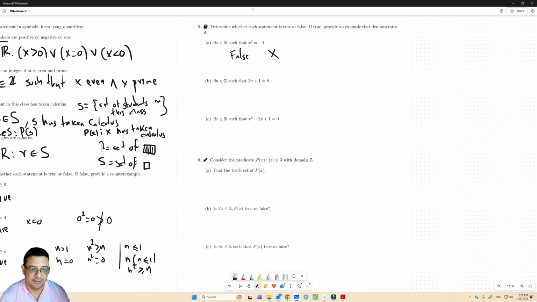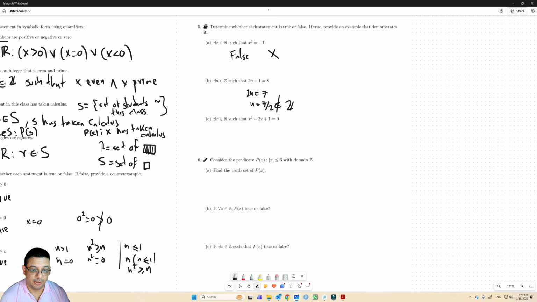Is there an n that belongs to the integers so that 2n plus 1 is equal to 8? This is also going to be false, because in particular there's not going to be an integer. If you solve for this, 2n is equal to 7, and n is equal to 7 over 2, and that does not belong to the integers.